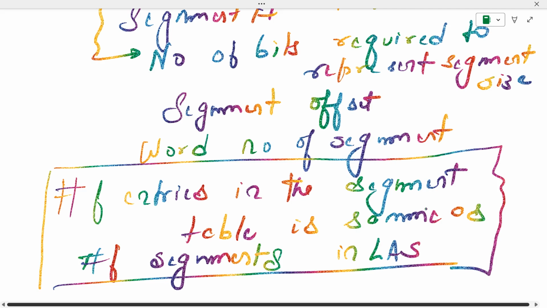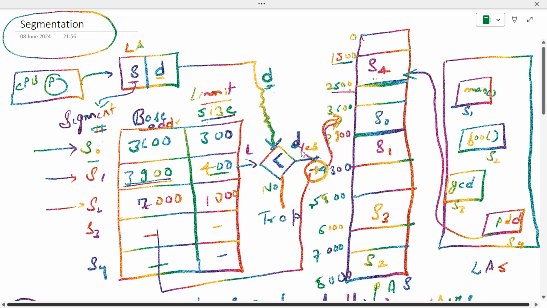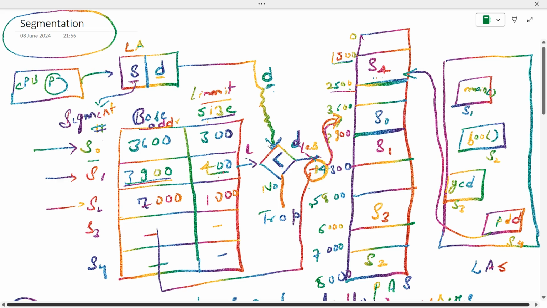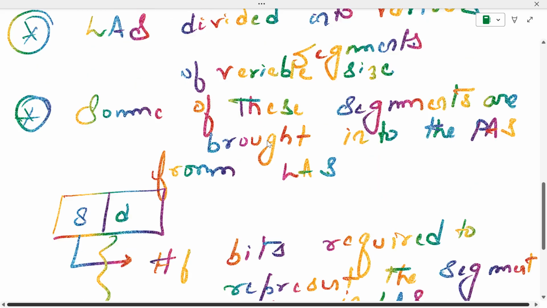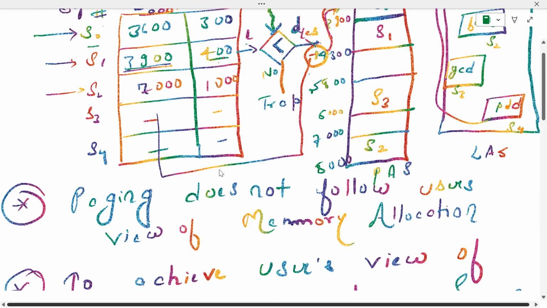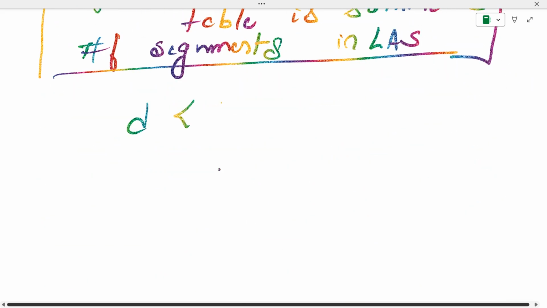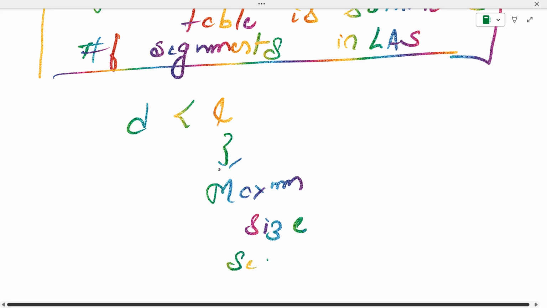Now, we were talking about this D and L comparison when we looked at this diagram. We are comparing this D, the segment offset or word number of segment, with L. Now L is the maximum size of this segment, or the limit of the segment.